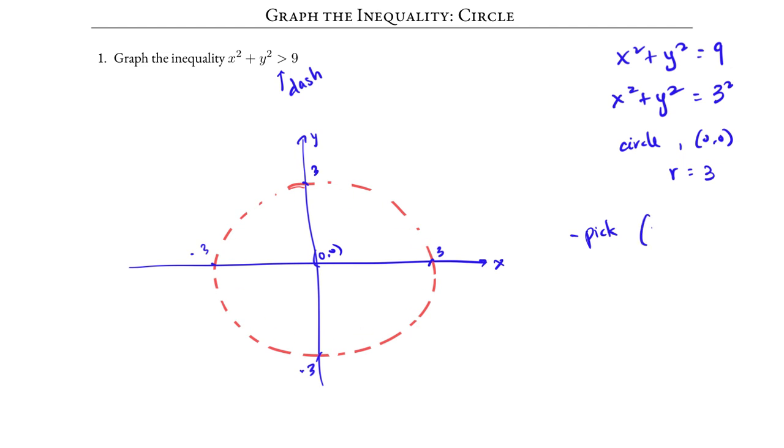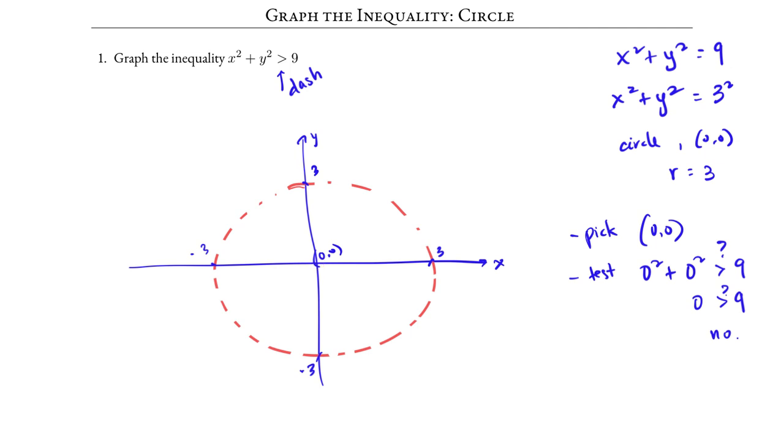And so we would pick (0, 0), for example, and test to see if this point is in the solution region. x squared plus y squared, because we pick x equals 0 and y equals 0, and we want to test to see if this is greater than 9. Is 0 greater than 9? The answer is no. And so the origin (0, 0) is not included in the solution region.